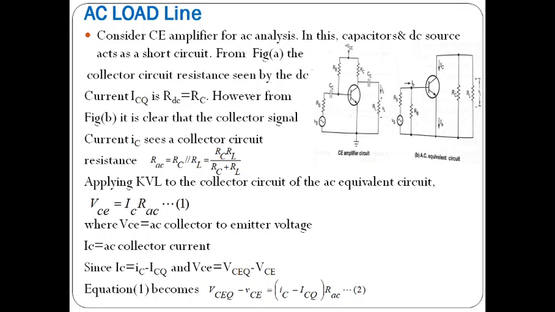By applying Kirchhoff's law to the collector circuit of the AC equivalent, what can we write for VC? VC is the voltage between collector and emitter, equal to IC into RAC, the AC equivalent. VC is the output AC voltage equals IC into RAC, where VC is the AC collector to emitter voltage and IC is the AC collector current.